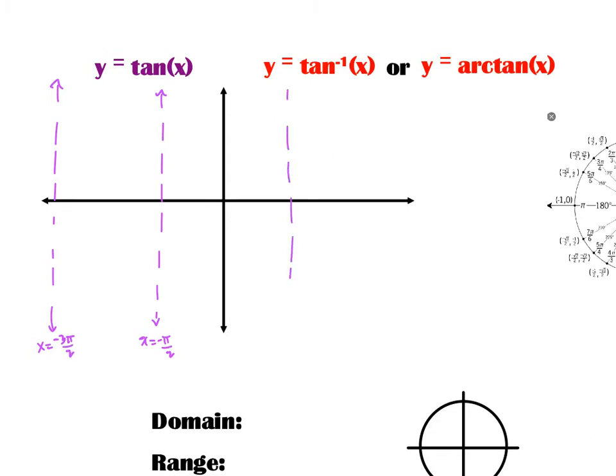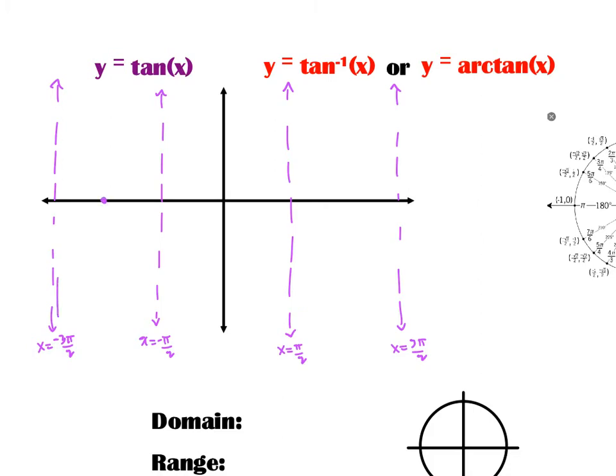I'll go a little bit further here because I want to go around 0. x equals pi over 2, and x equals 3 pi over 2. Now, these vertical asymptotes are not limited to just these values. They exist every pi units starting at pi over 2 in both directions.